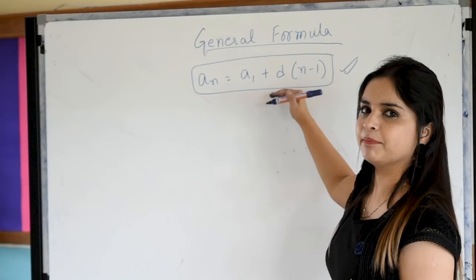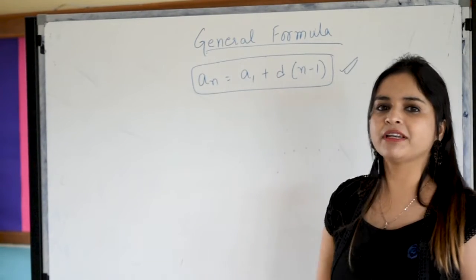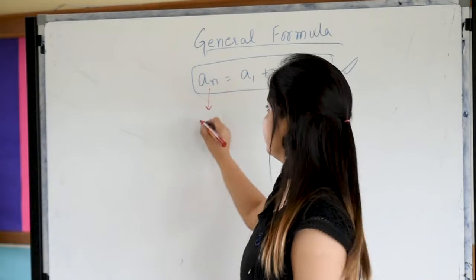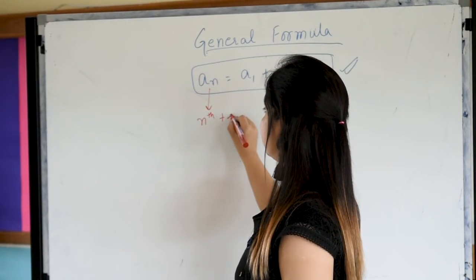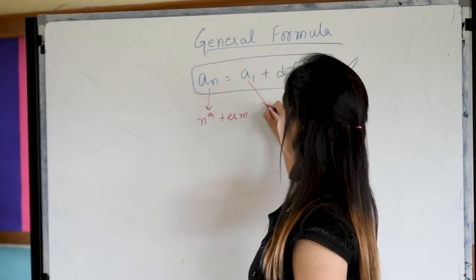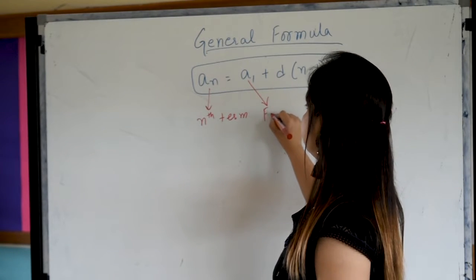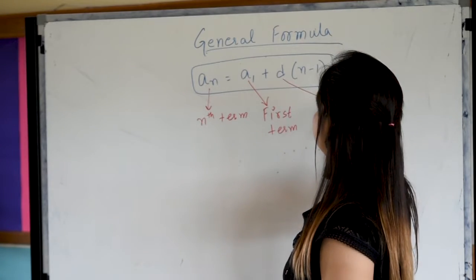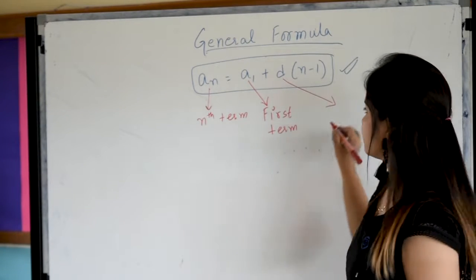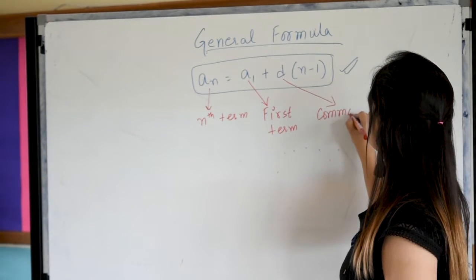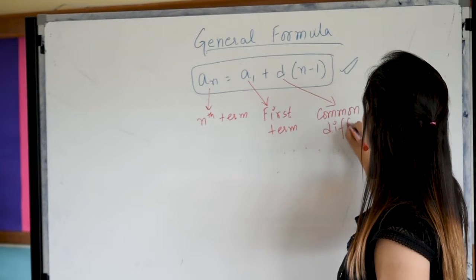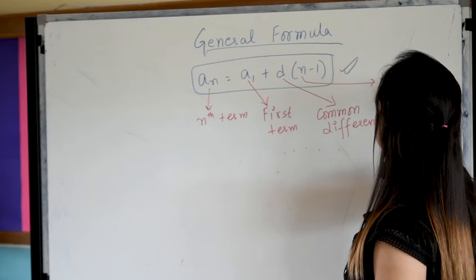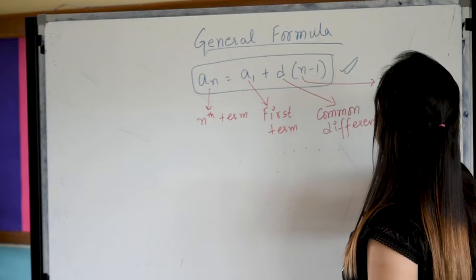AN is A1 plus D times N minus 1. Now, what is this AN? AN is my nth term. Okay? Nth term. A1 is my first term. D is my common difference. And N is the number of terms.